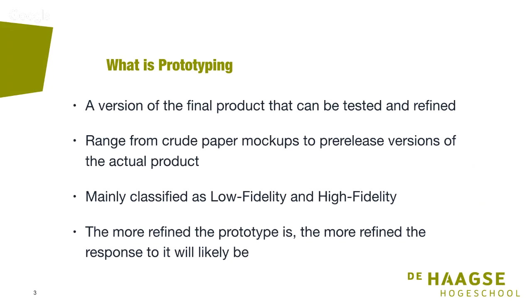Prototypes are mainly classified into low fidelity and high fidelity. Low fidelity is like the paper prototype. It's very quickly made, not very detailed, the wireframe of your final system. Or it can be high fidelity. It looks exactly like the final system. It works more or less like the final system. This is what we call a high fidelity prototype.